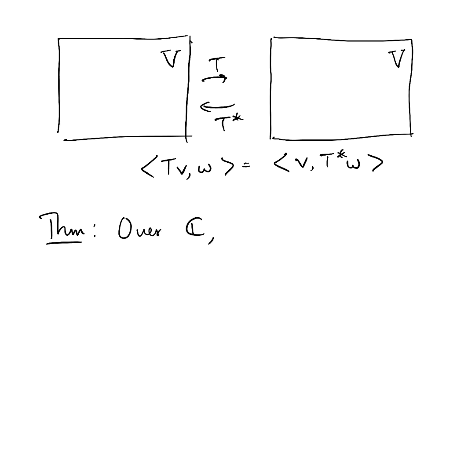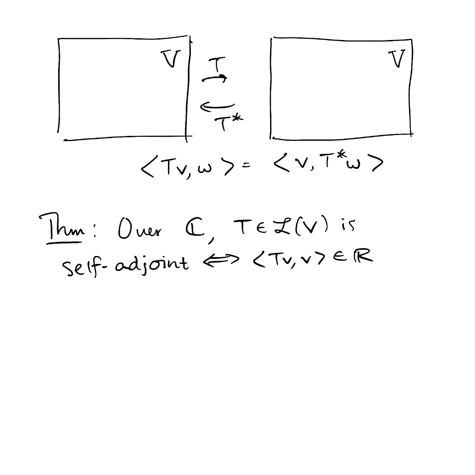Over C, T, a linear operator acting on V, is self-adjoint if and only if the inner product of TV with V comes out real for all V in the space.